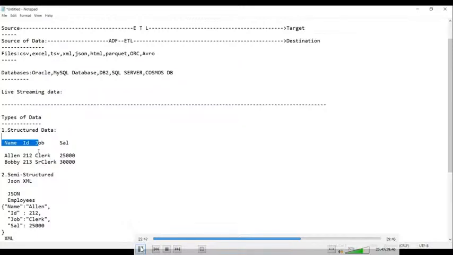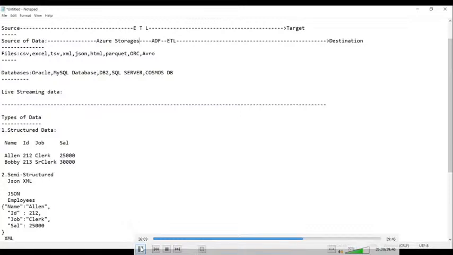Before we start the process of ETL, or apply ADF on the data, we require storing the data in Azure. We call it Azure storages.